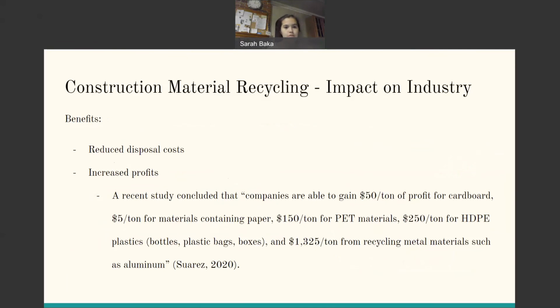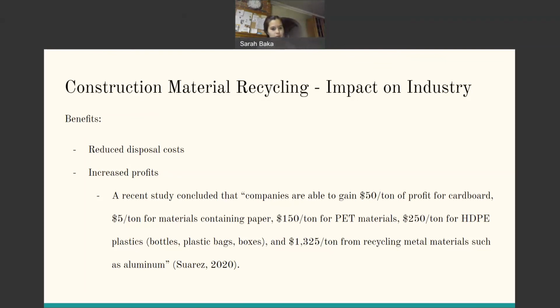So the benefits of construction recycling are reduced disposal costs. Construction waste is one of the largest contributors to overall waste in the country, so companies could see huge benefits by cutting down the amount that has to be sent to landfills. They can also see an increase in profits.